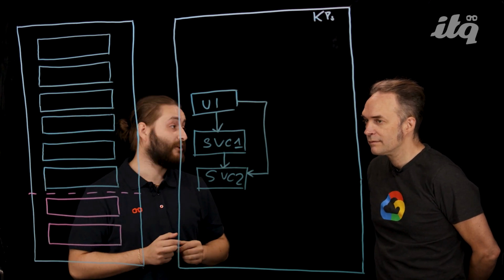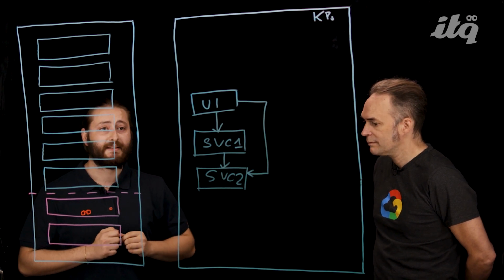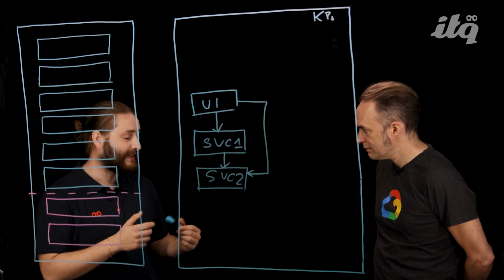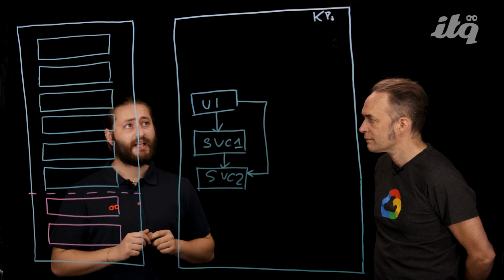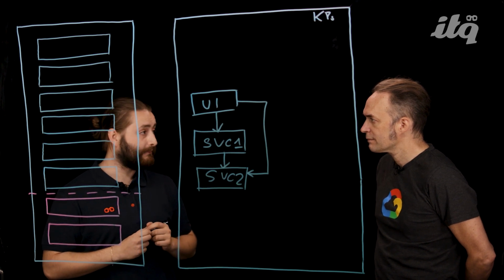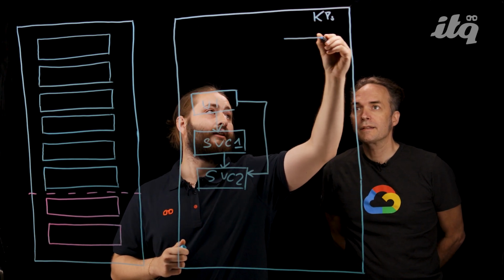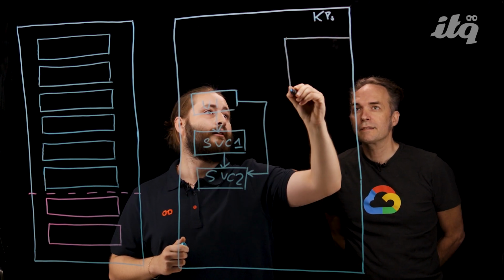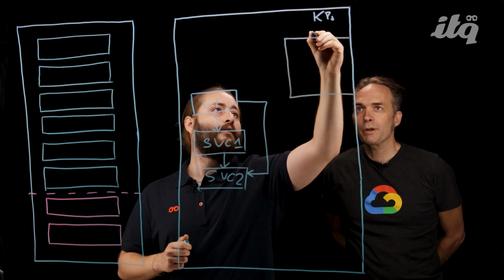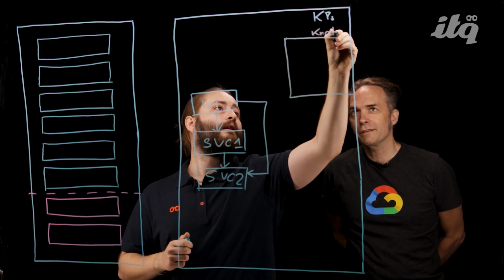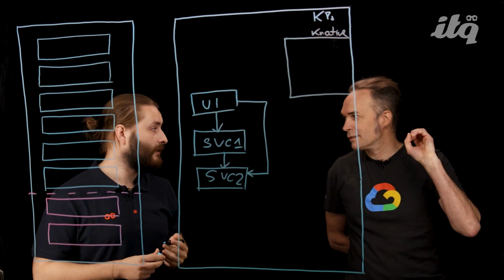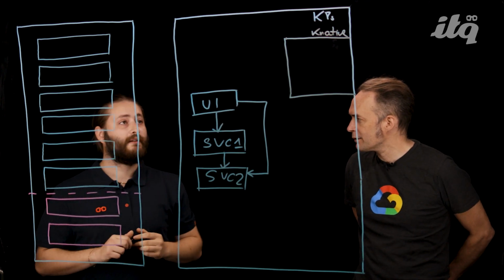As well, something that's been growing in popularity lately is running serverless services in Kubernetes. That's typically enabled by Knative. So let's just add that here. Okay, so you've deployed Knative into your cluster, and then your developers are able to more easily start throwing services there.